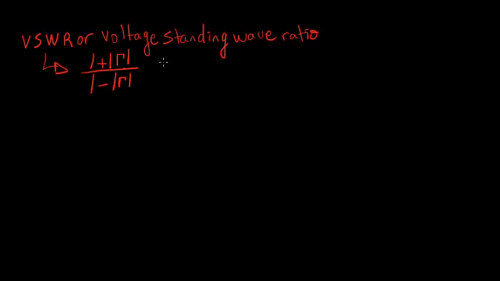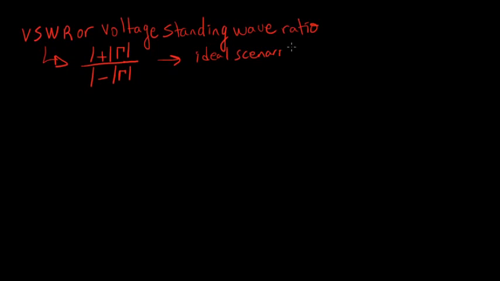It's easy to see that the ideal scenario would be VSWR equals 1, because the ideal case is your reflection coefficient being 0, so this cancels out and you have a voltage standing wave ratio of 1.